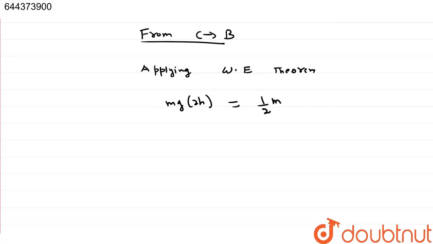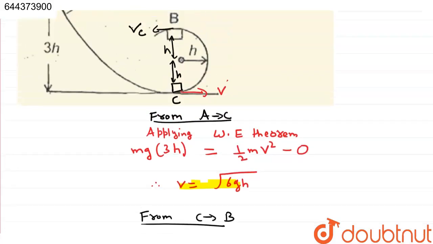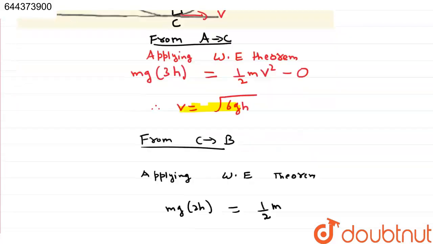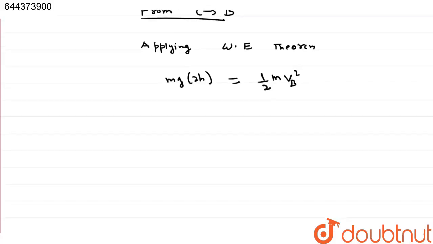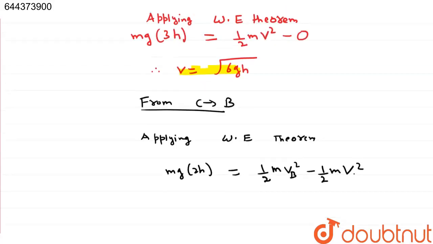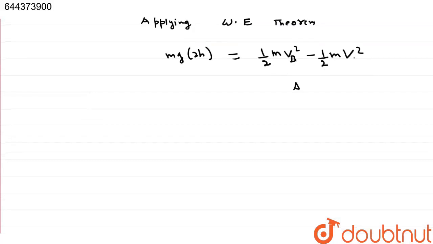It will be equal to 1 by 2 m vb square, where at B the velocity is vb, final, minus 1 by 2 m v square, where v is the velocity at C. So this is a change in kinetic energy we have used here, that work done by mg is equal to change in kinetic energy.